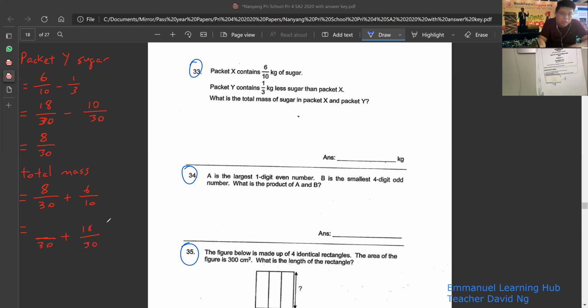Yes. You have to change the 6/10 to 18/30.